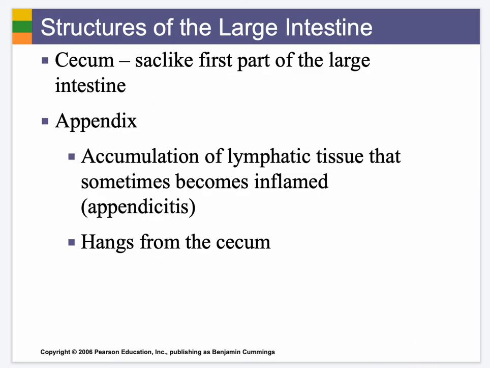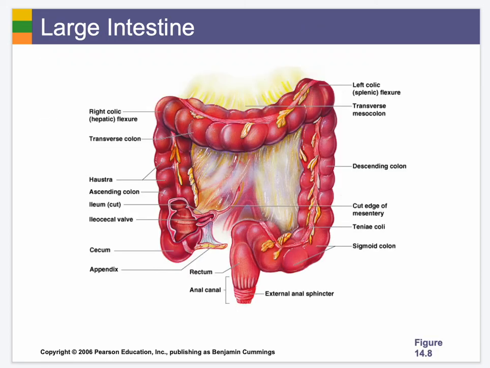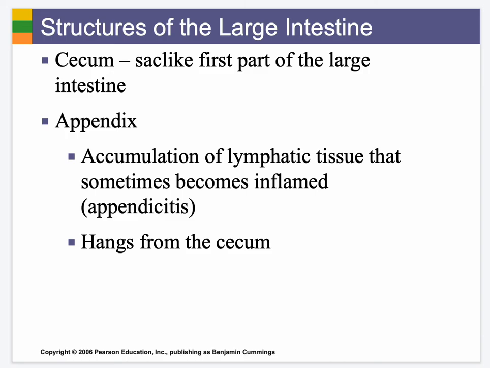So yung cecum, it's a sac-like first part of the large intestine. Tapos, after no, merong appendix. Ito yung appendix. Yung appendix mo, it's an accumulation of lymphatic tissue that sometimes becomes inflamed. So, saan mo makikita yung appendix mo? Doon siya nakahang sa cecum.